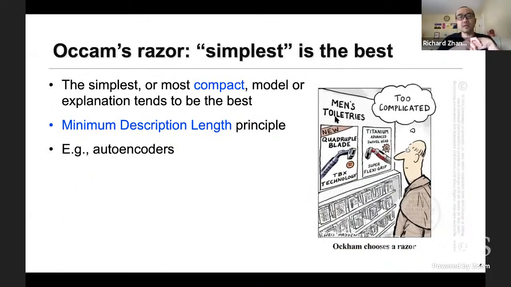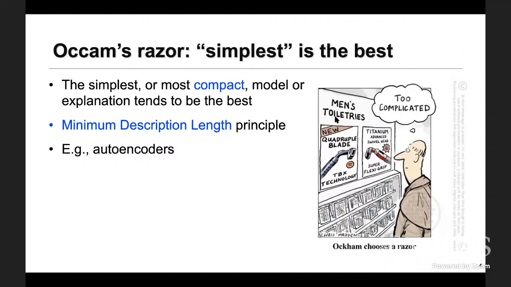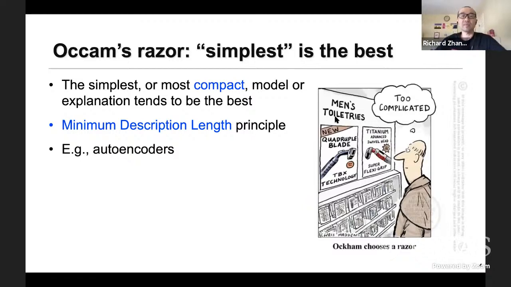The first one is what is generally known as Occam's razor. It essentially says that, all factors being equal, the simplest, or I would use the term compact, the most compact model or explanation tends to be the best one. Another term that is used is the minimum description length principle, another term for Occam's razor.